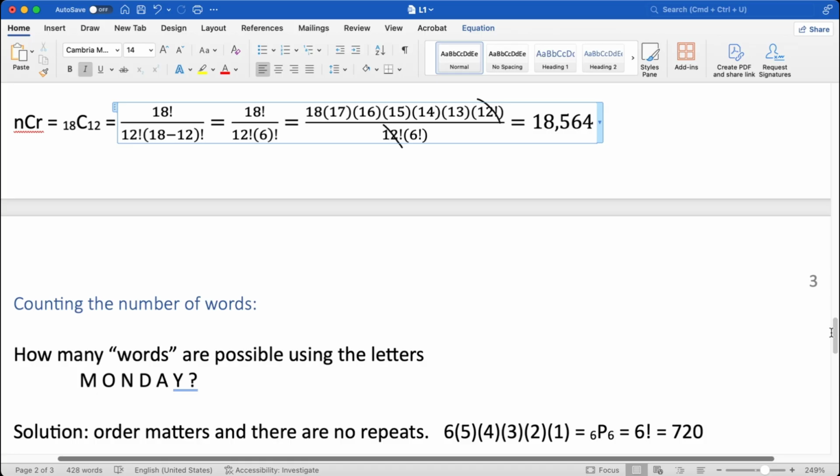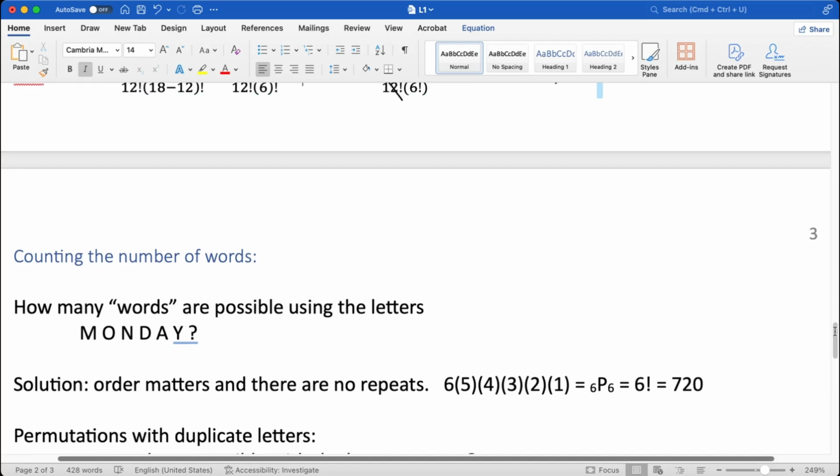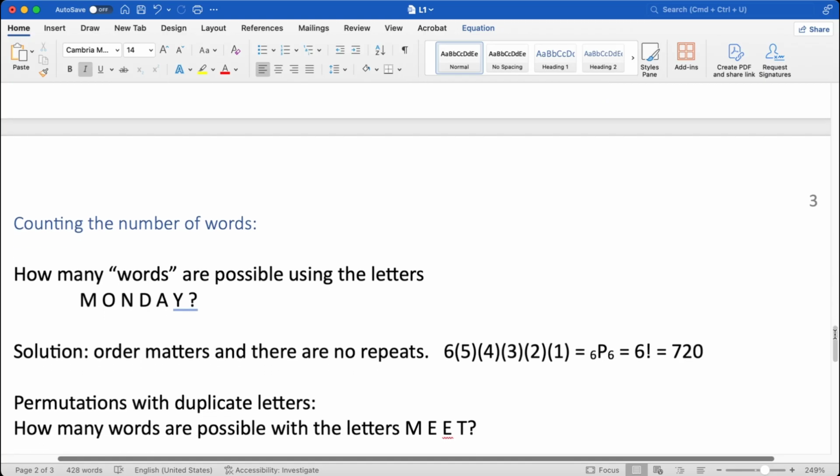We have 6 objects, and we're going to use all 6 of them. So it ends up being 6P6, 6 times 5, 4, 3, 2, 1, which is the same as 6 factorial, which is 720.